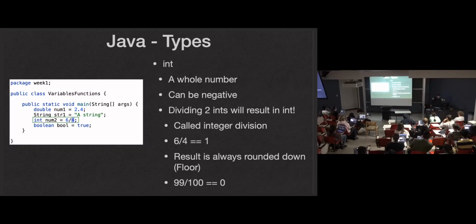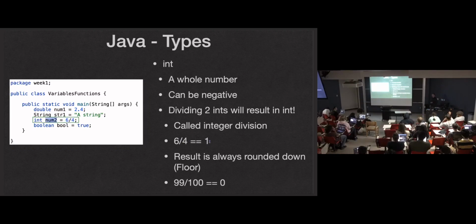But I expect the result of this to be 1.5. So what's going to happen? Java is going to just delete the decimal portion. That 0.5 is just going to be erased, giving you just the whole number so it can be stored as an integer, and then I can store the integer 1 in the variable num2. So num2 is going to have the value 1, not 1.5.